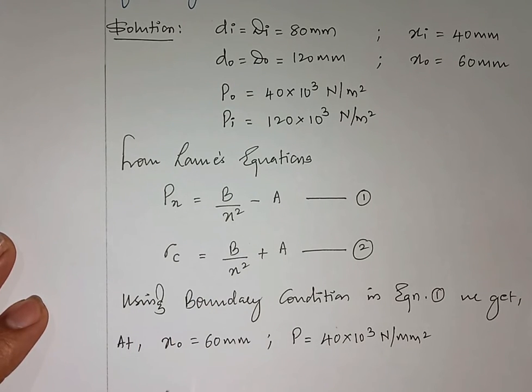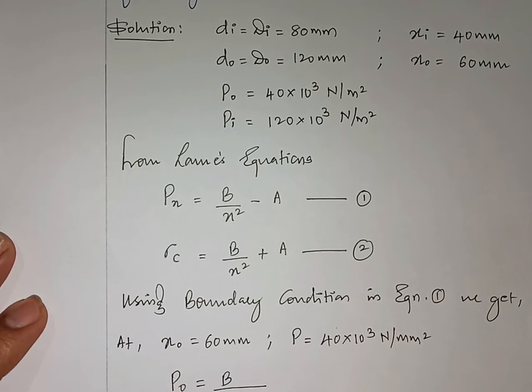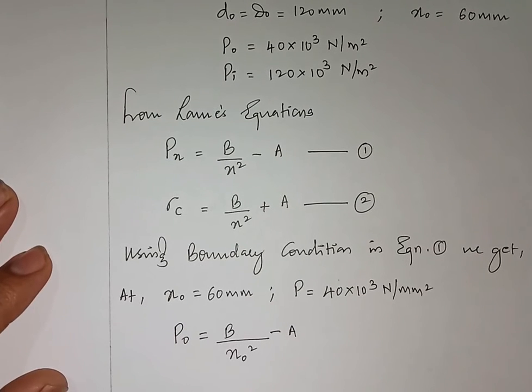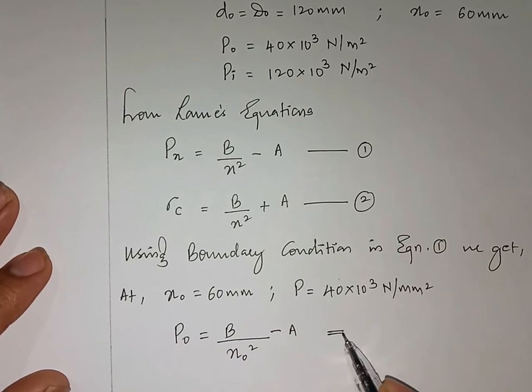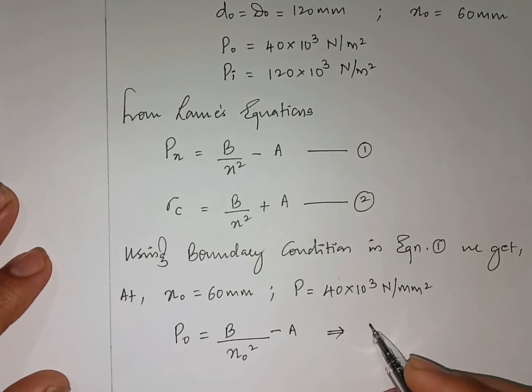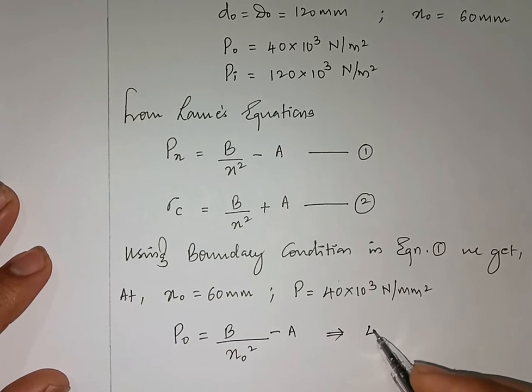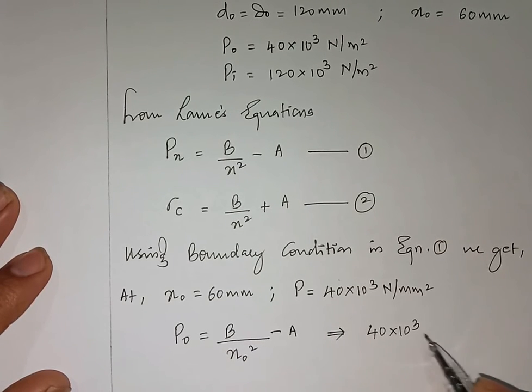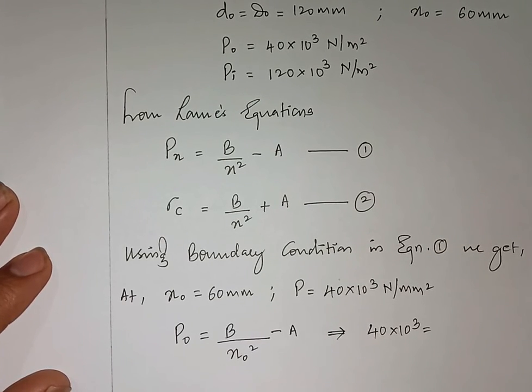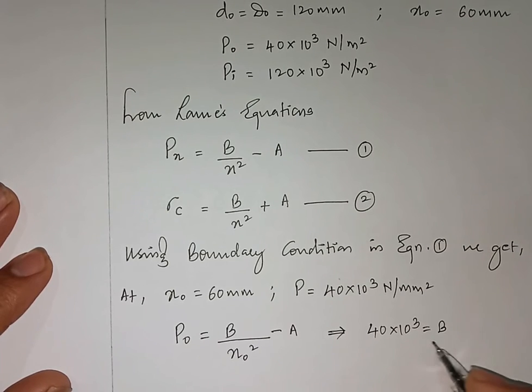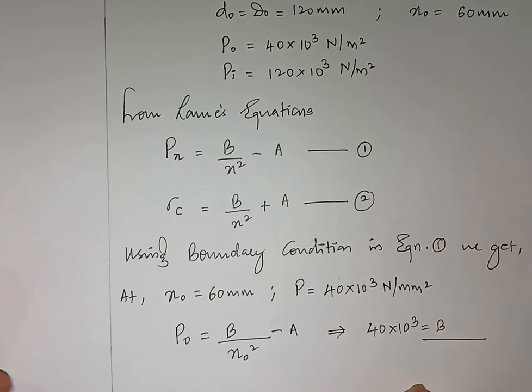So what will I be getting? P naught will be equal to B divided by X naught square, minus A. So I'll just slightly modify this. So the value of P naught is known. It is 40 into 10 raised to 3 equals B, the value of which is unknown, divided by X naught square.